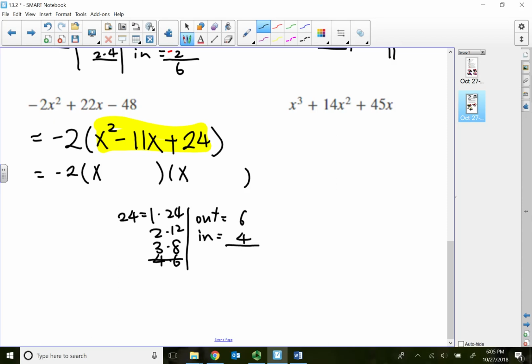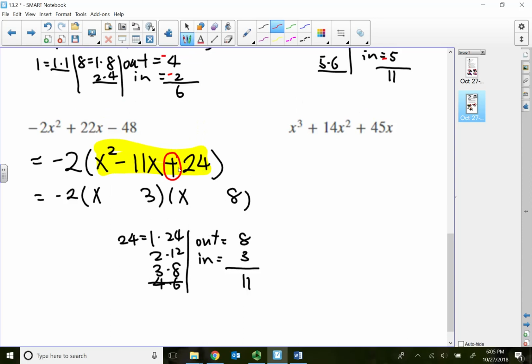So let's try 3 and 8. If I try 3 and 8 as the back side of two parentheses, my outer 1 times 8 is 8. My inner 3 times 1 is 3. 8 and 3 combined can give me 11 if I add.